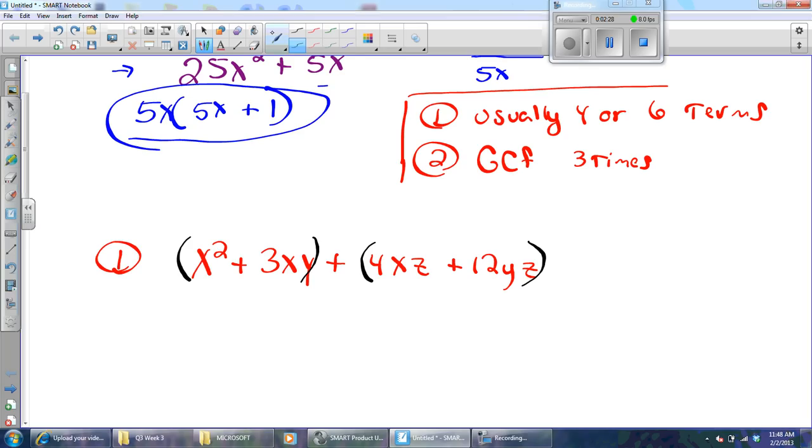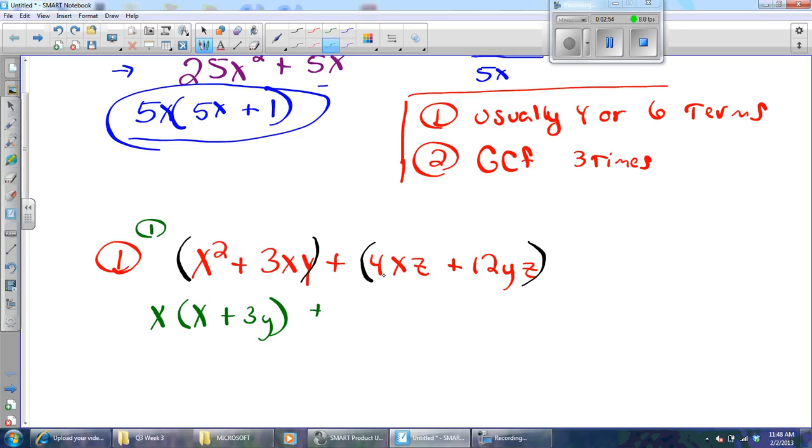All right, now here comes the first GCF. I'm going to GCF this quantity, and it looks like the GCF is going to be x. So I'm going to pull an x out of this quantity, leaving behind an x plus a 3y, right? All I did was GCF the first quantity. There was GCF number 1. Okay, now I'm going to come over here and GCF this quantity.